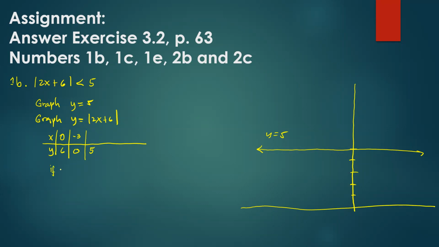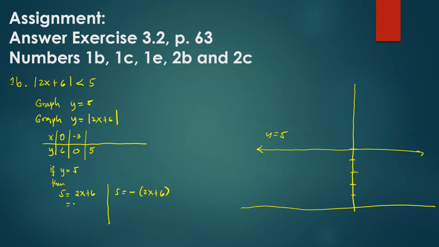So if y is equal to 5, then we have 5 can be equal to 2x plus 6. And at the same time, we can also have 5 is equal to the negative of 2x plus 6, right? Because this is a modulus.